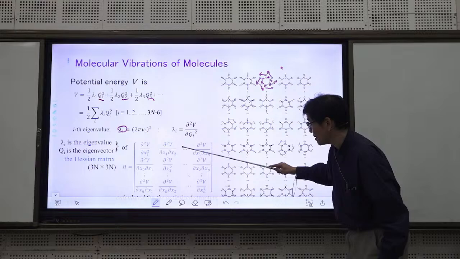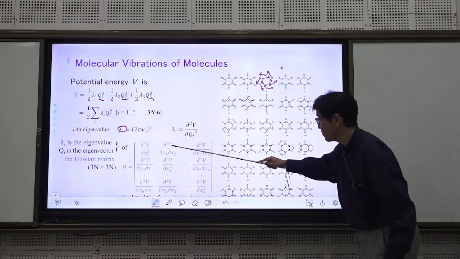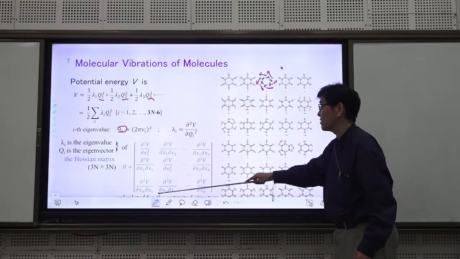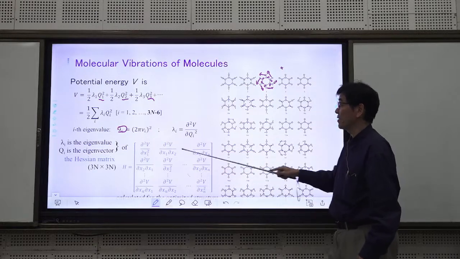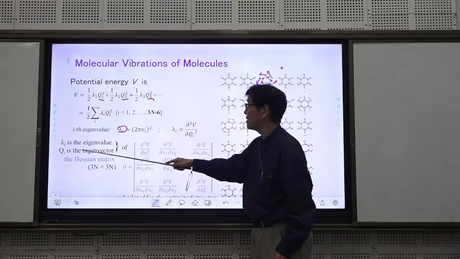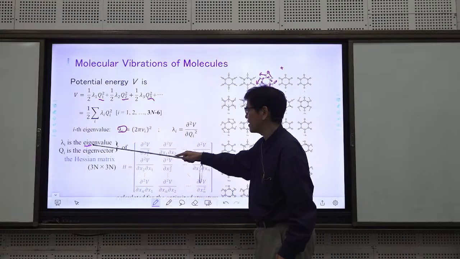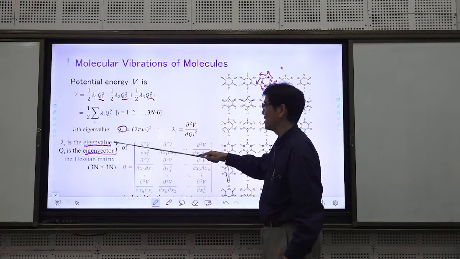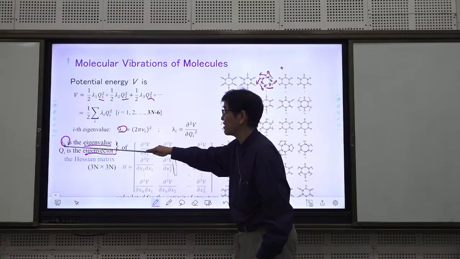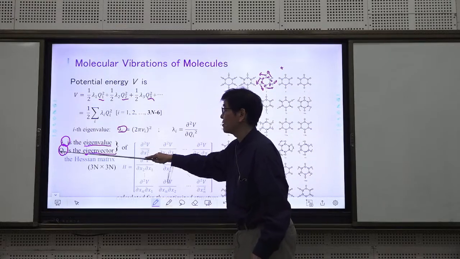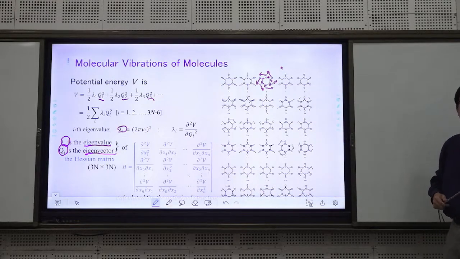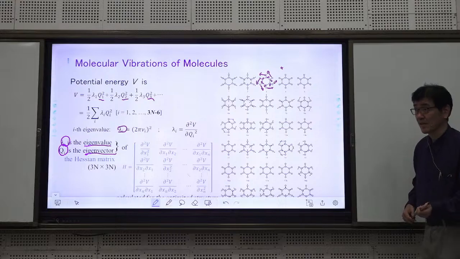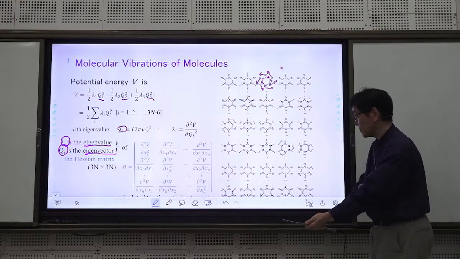And by calculating the eigenvalue and eigenvector, we get the information of lambda and Q. So this is a general method to calculate the molecular vibration frequency, even in large molecules.